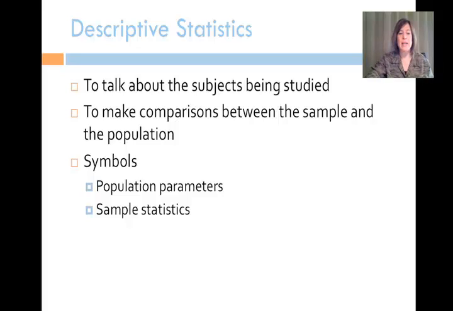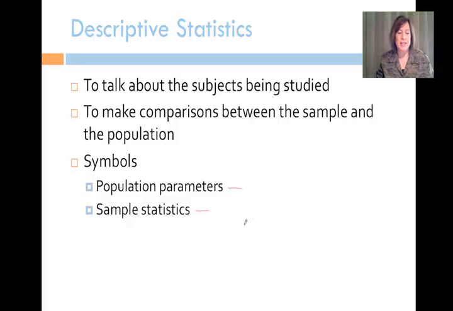You'll see many different symbols in statistics, and it's important to know that anytime we're talking about the population, we use parameters. Anytime we're talking about the sample, we use the word statistics. And you'll see a lot of different Greek letters.